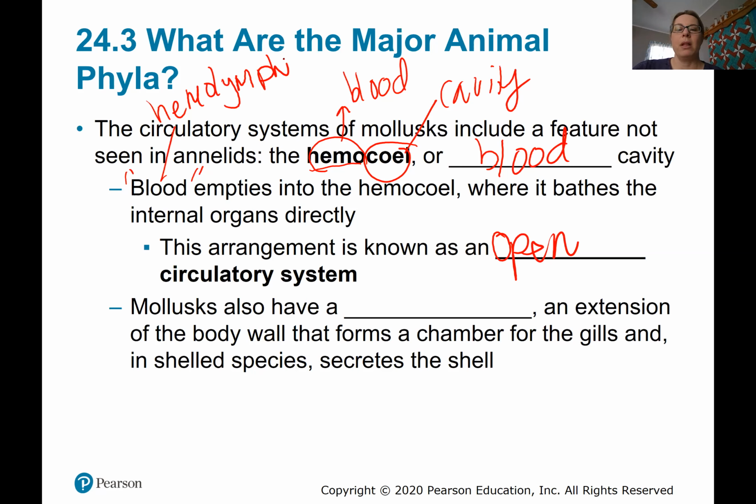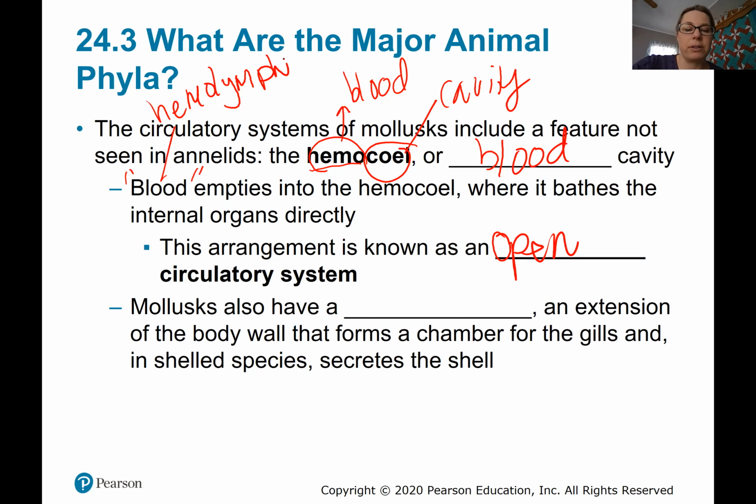But anyway, their quote unquote blood or hemolymph dumps into this cavity, this hemocoel, and it bathes the organs directly. So for example, the crop is basically like swimming in blood. Okay. And that's called an open circulatory system because the blood leaves the vessels and is not just contained in that.